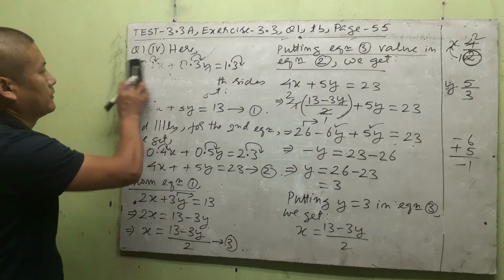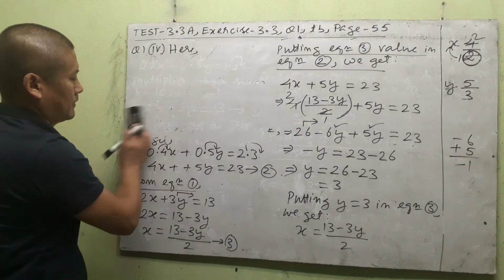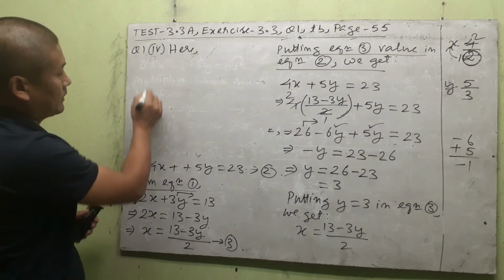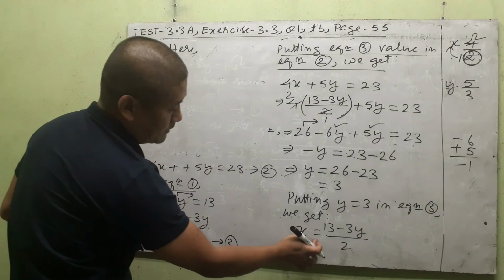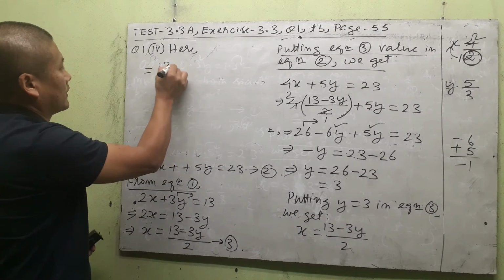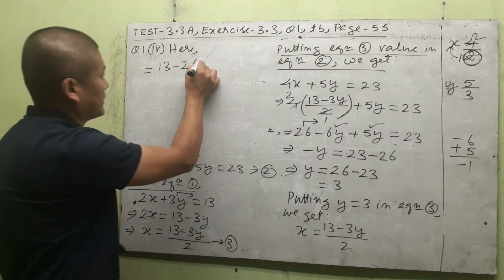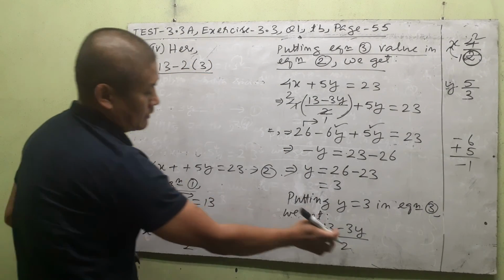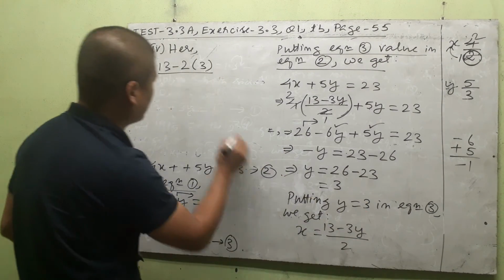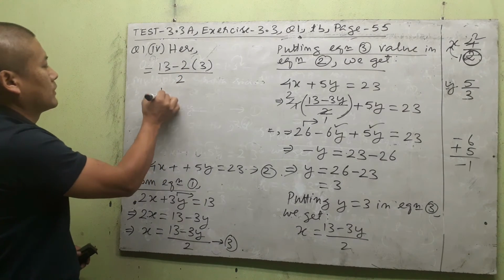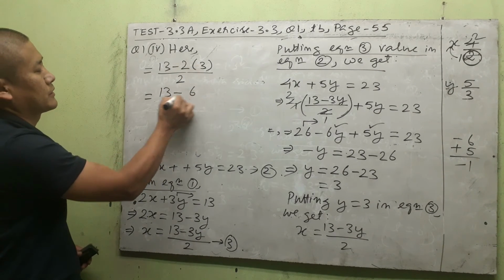So continue solving it. It will be equal to 13 minus 3 into y value, which we replace by 3, divided by 2. So 13 minus 2 3s are 6, divided by 2.